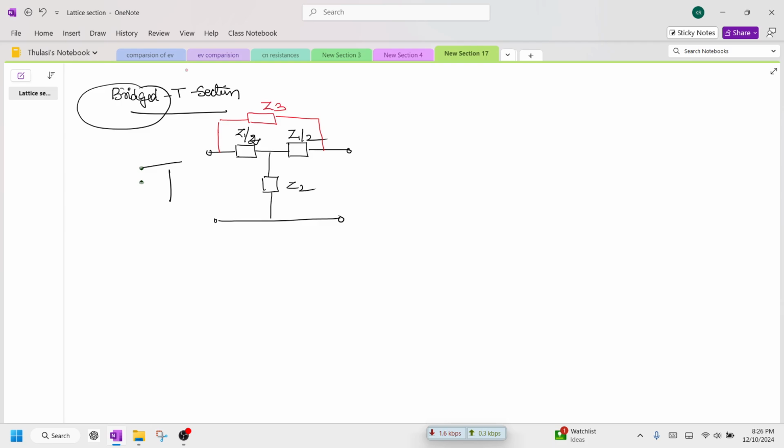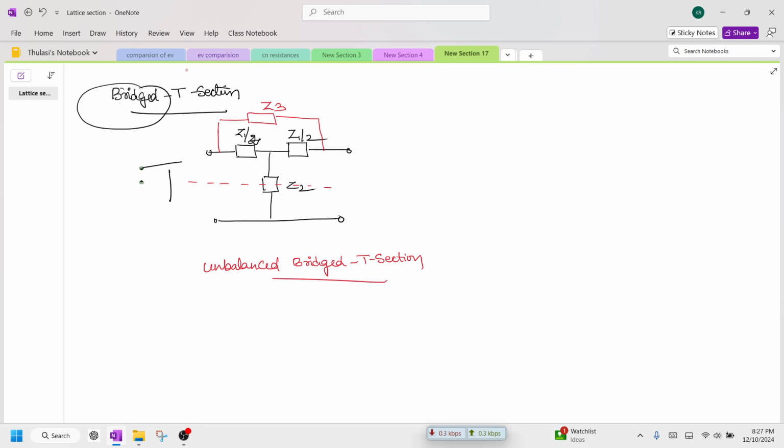Now we see here, if you take it into half and fold the upper and lower parts, it is unbalanced. Therefore, I'm going to call this an unbalanced bridged T section.